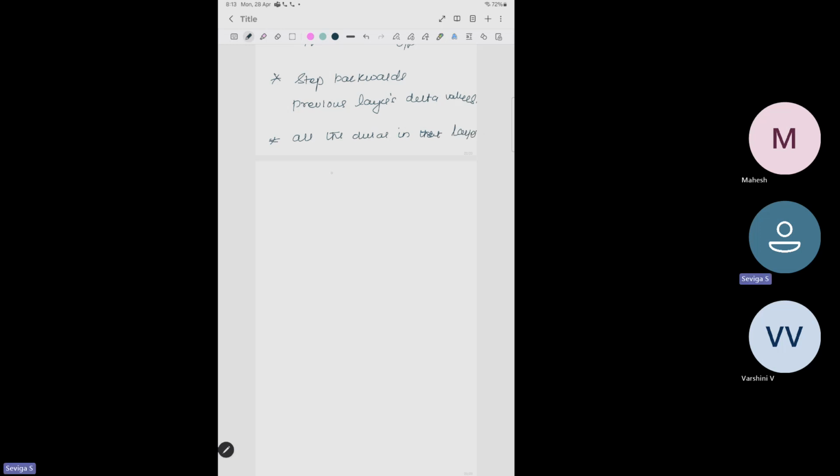For doing this, we needed only the delta from the output layer and the weights between the two layers. We didn't need anything else. We used the weights and the delta from the previous layer. Once all the deltas were assigned, we updated the weights.